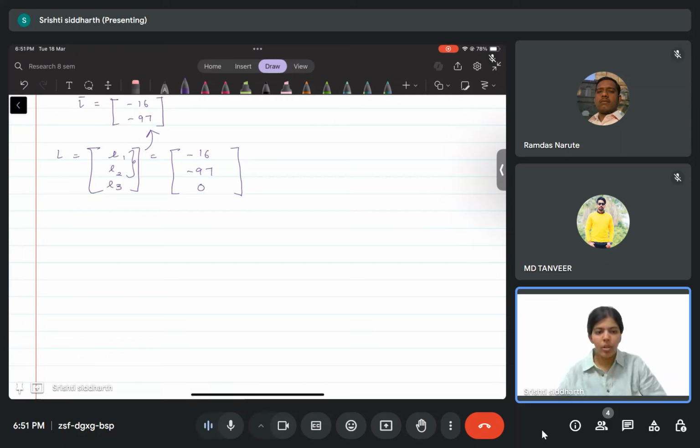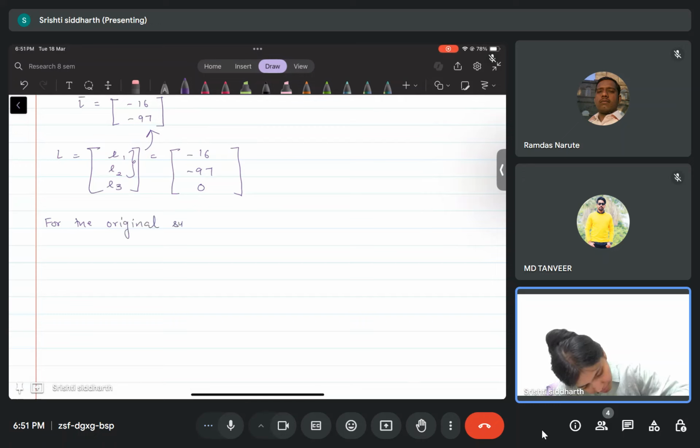Since we have transformed the system to the standard form for an observable system, for the original system the gain matrix is T inverse L. So I'm going to write this down directly. You can compute T inverse and multiply this by L. This is minus 81, 65.